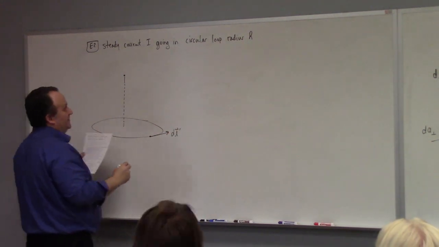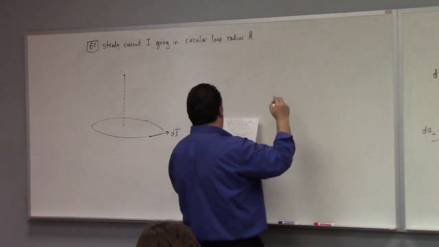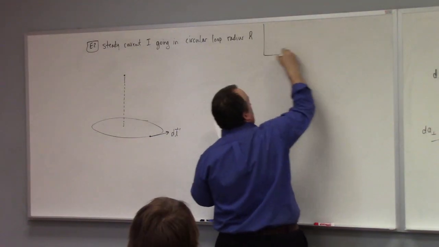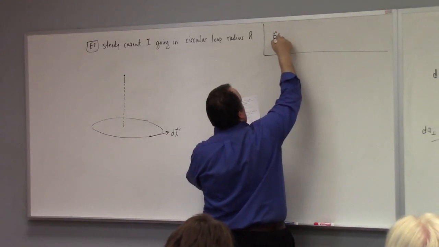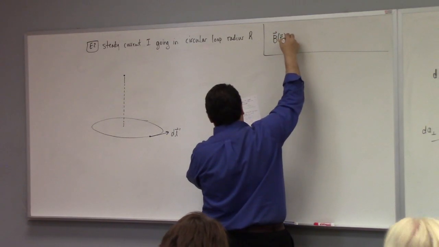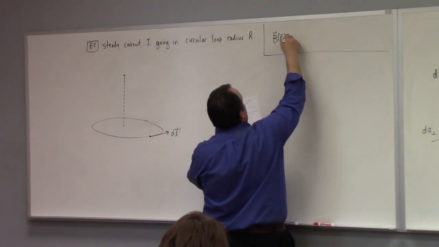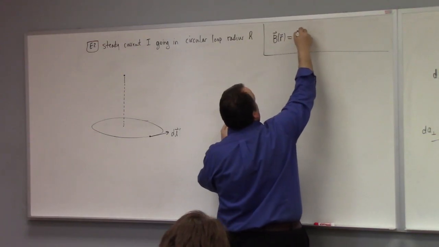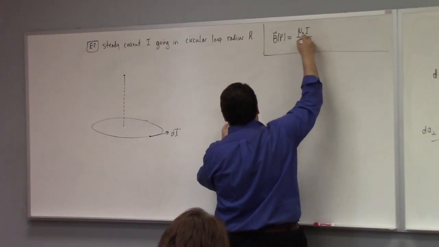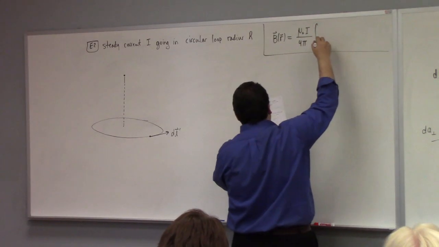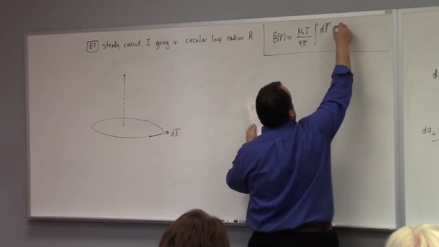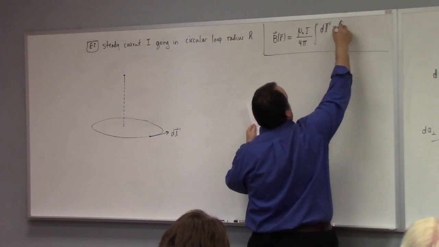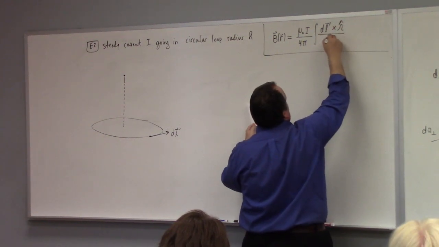I guess I should remind you that the fundamental tool we have to work with here is the Biot-Savart law, which says that the magnetic field at r due to a current I is given by mu naught I over 4 pi times the integral of dl prime cross script r hat over script r squared.